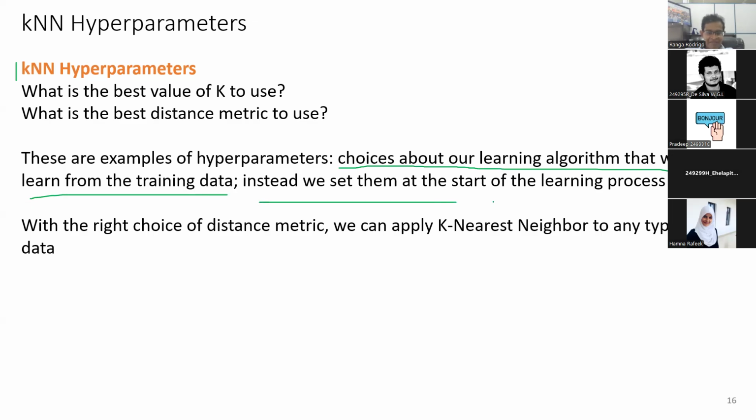Instead, we set them at the start of the learning process. That is what hyperparameter means. With the right choice of distance metric, we can apply k nearest neighbor to any type of data. K is a hyperparameter there. The best value of k to use depends on the situation. But usually k equals 1 is not a good choice, but 3, 5, and so on are okay. The distance metric also depends on the situation, but you can use Euclidean distance.